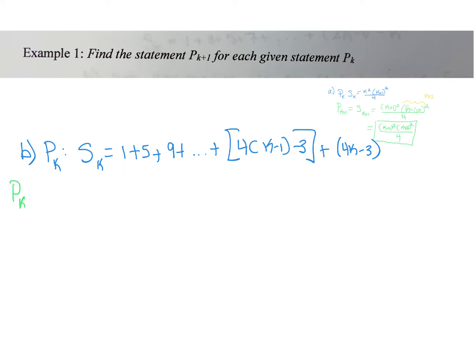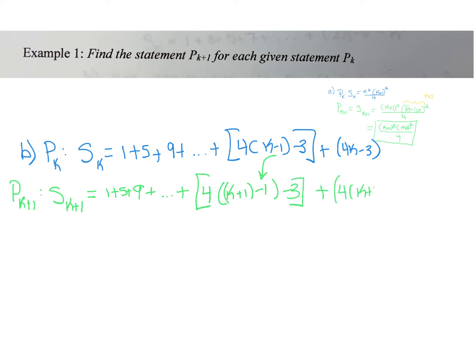So P sub k plus 1 is S sub k plus 1 equals 1 plus 5 plus 9 plus ... plus 4 times k plus 1 minus 1 minus 3, plus 4 times k plus 1 minus 3.